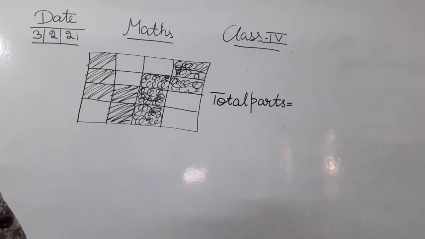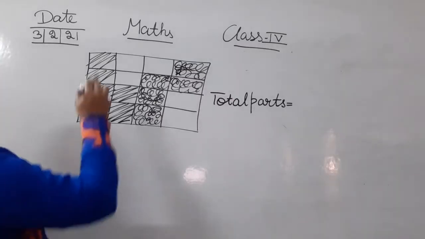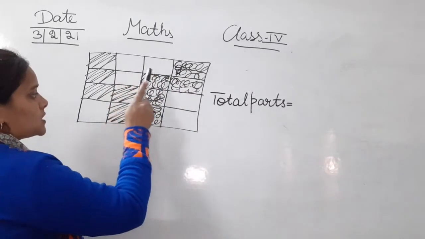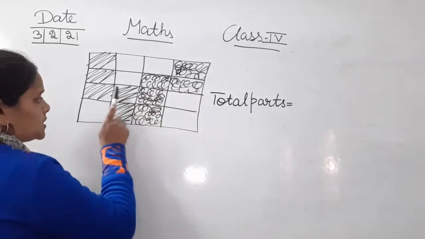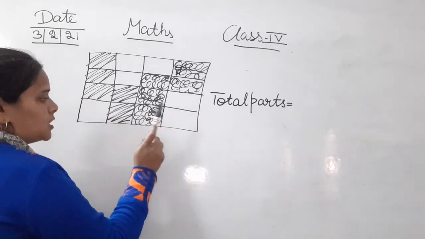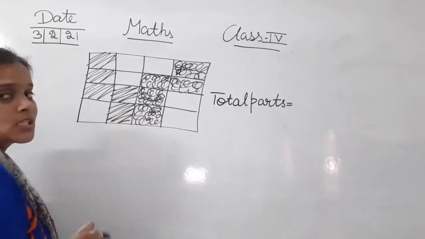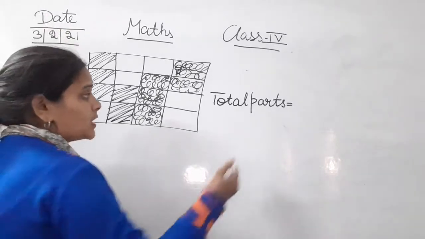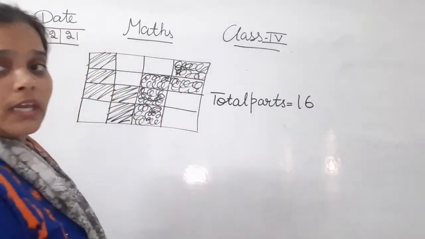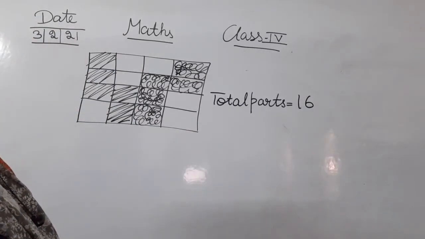So let's count it. 1, 2, 3, 4, 5, 6, 7, 8, 9, 10, 11, 12, 13, 14, 15, 16. So this figure is divided into 16 parts.